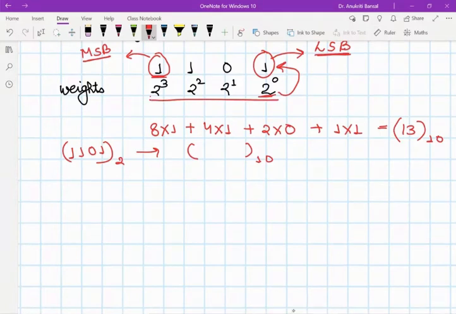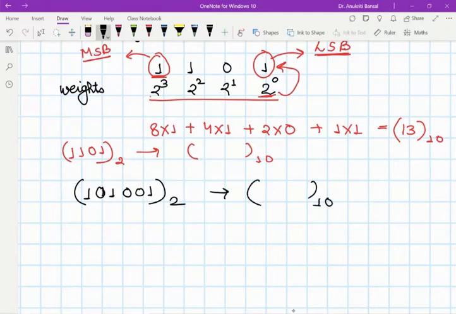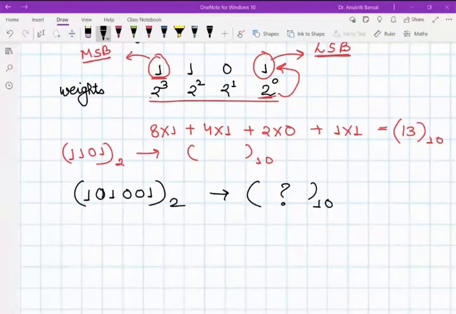So if you got it, this is one example. Just try it on your own. What is the decimal number representation for this binary number? Don't type the answer in the chat box. I will ask you separately.